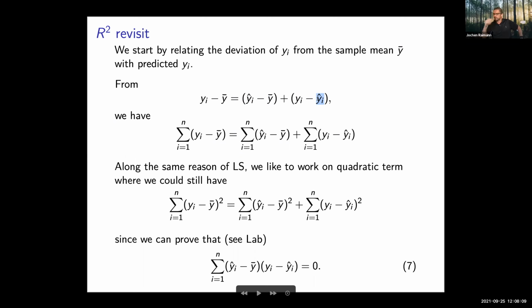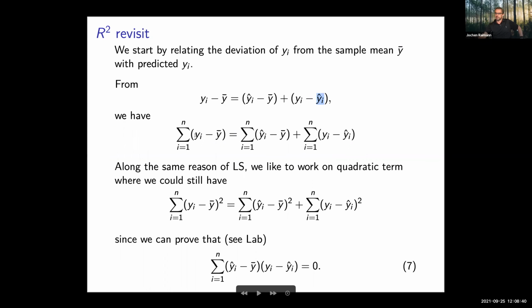So essentially, we're getting here the difference from the actual value minus the mean as the difference between the predicted value minus the mean, plus yi, the actual value, minus the predicted value.